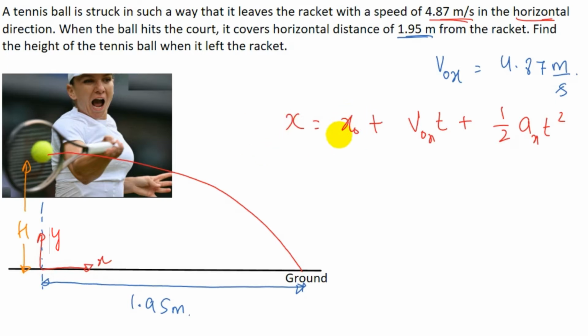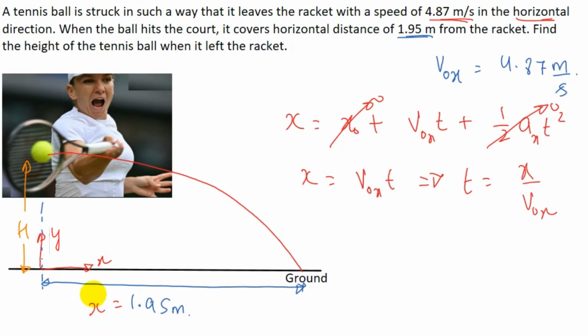Initially x naught is 0, and the final position we have 1.95 meter, and there is no acceleration, so that is also 0. Finally x equals v naught x times t, and from here the expression for t will be x over v naught x. Now this x is the range basically.